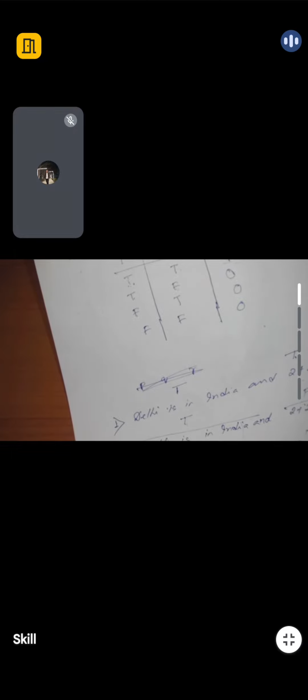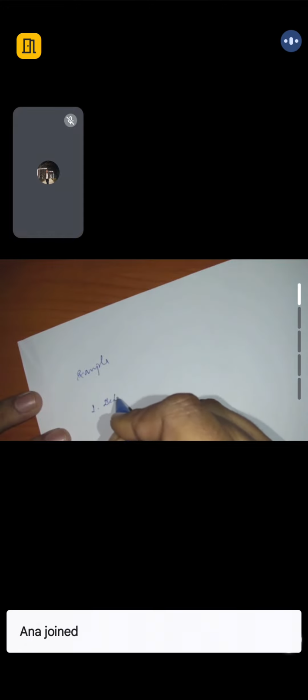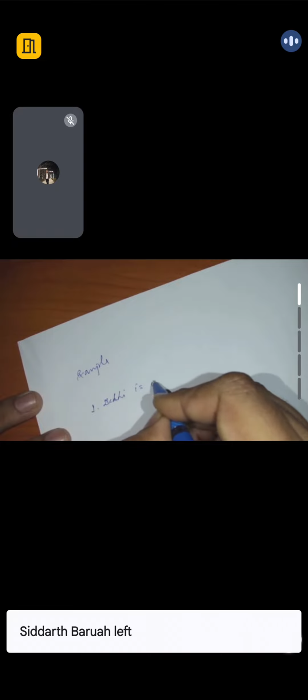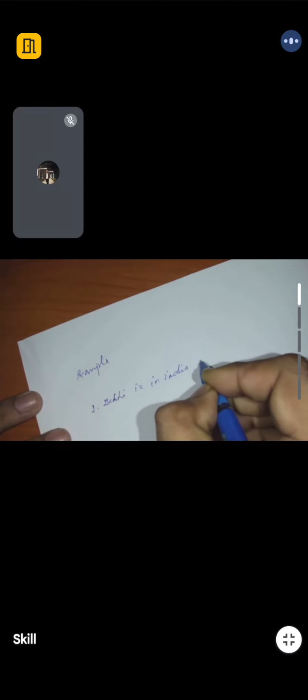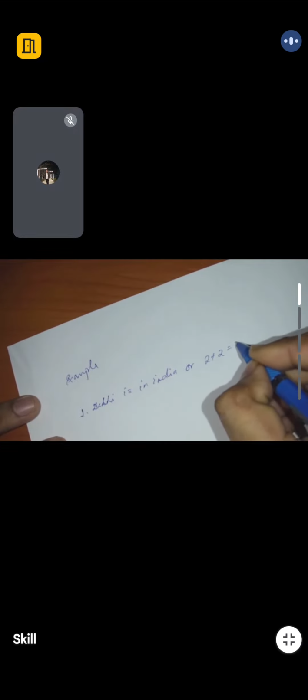Now I'll give an example, just like last time. Same example you can take: Delhi is in India, or 2 plus 2 is equal to 5.